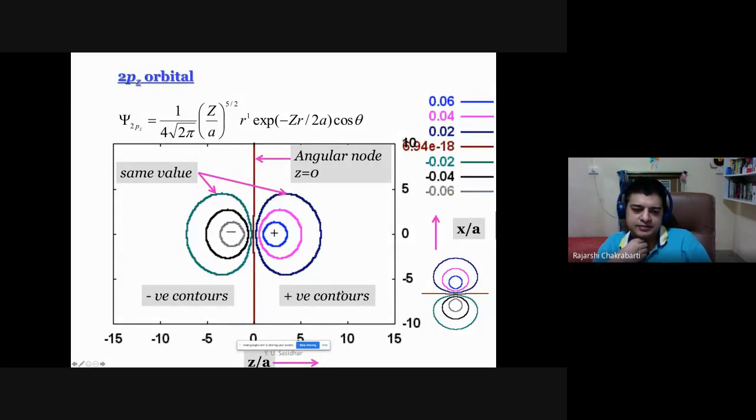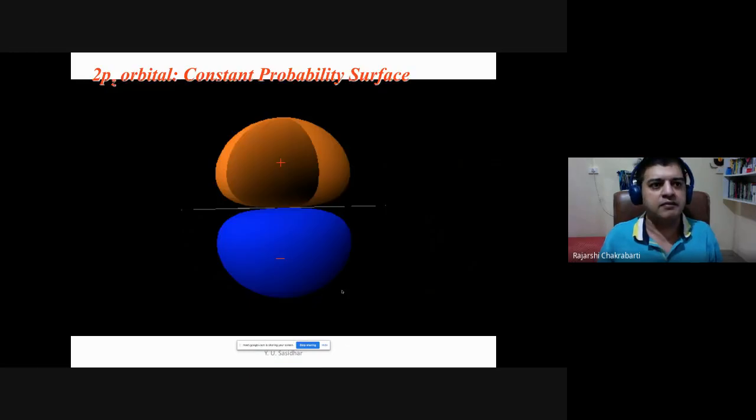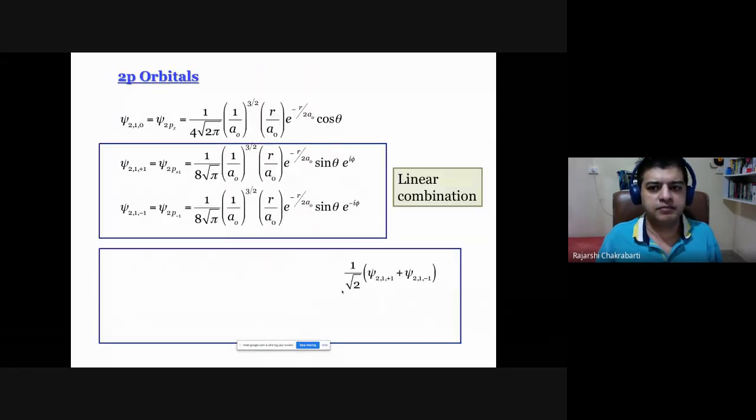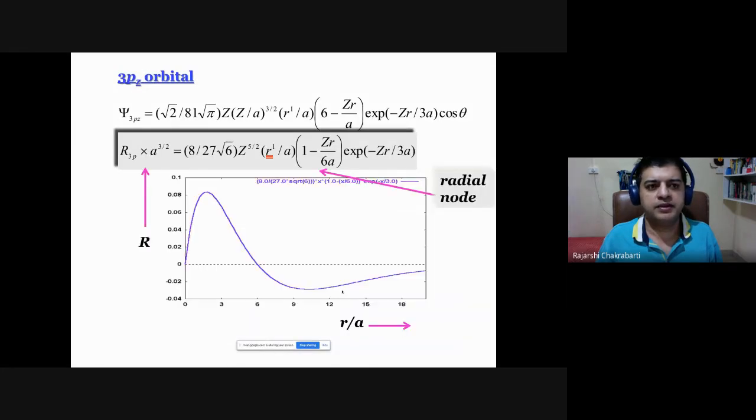Not very difficult. Now, can anyone guess what will be the contour plot for 3pz, for example, that you have done?